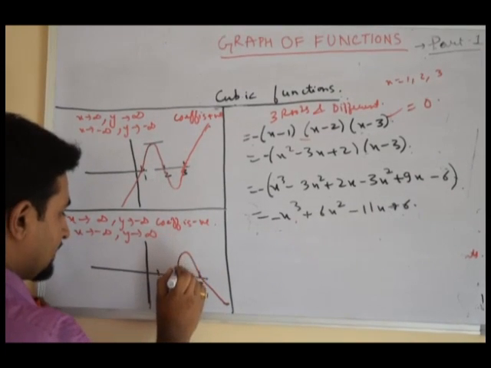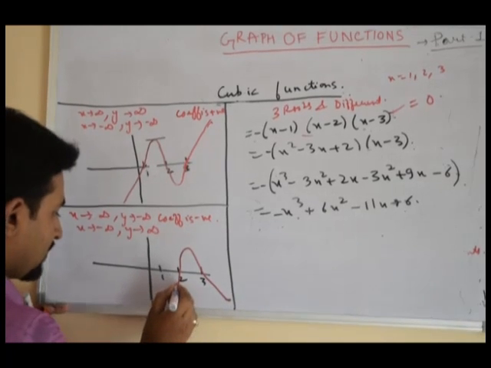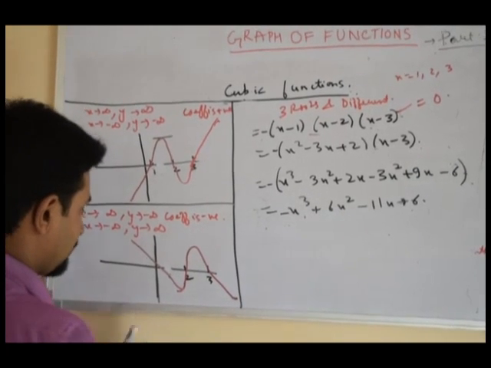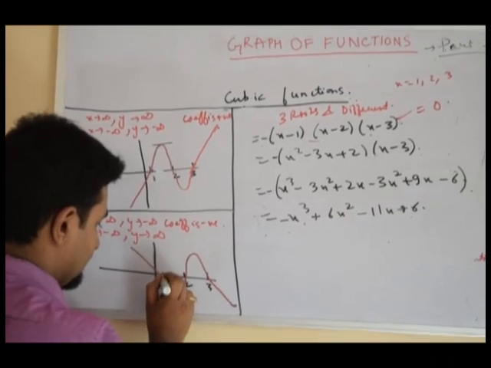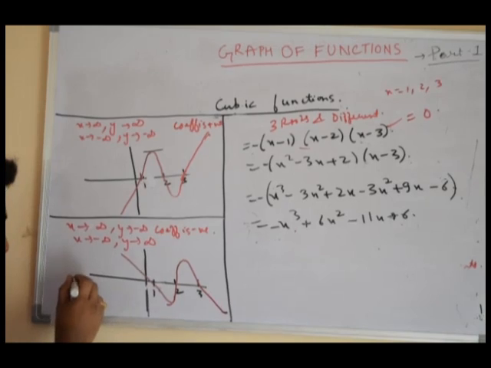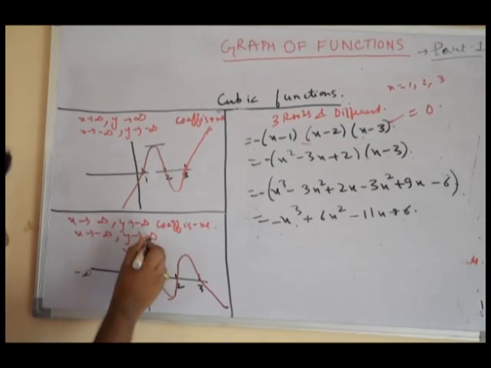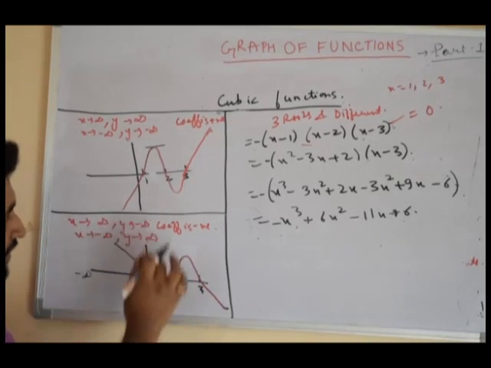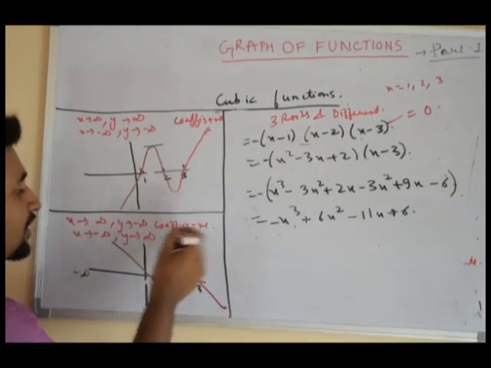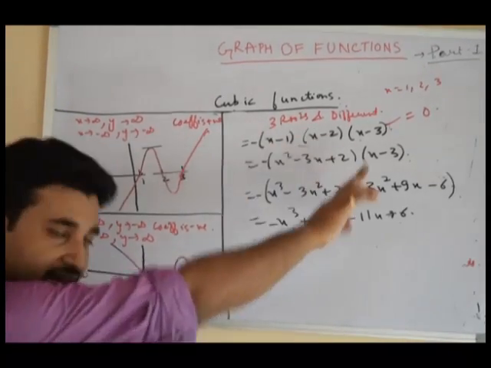It will go like this, then go upward like this. Suppose one is here. When x is negative, because this is the negative x-axis, y will be positive, as we have seen. So this will be the curvature of the graph, both when the coefficient of x cube is positive and when it is negative, assuming that the roots are real.